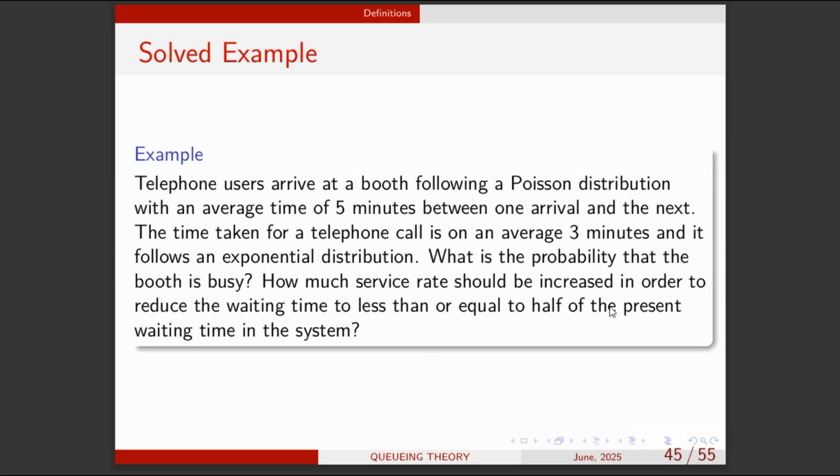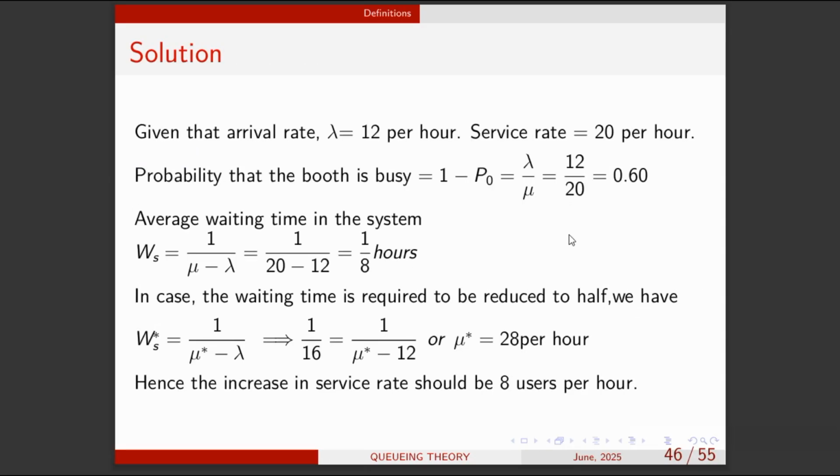The present waiting time is 1 over 8, and half of it is 1 over 8 times 1 over 2, that's 1 over 16. So 1 over 16 should be equal to this equation. We know 12 as our arrival rate. We solve this equation and we get mu to be 28 per hour. So the initial service rate is 20 per hour, and now it's 28, meaning the extra increase in the service rate is going to be 8.